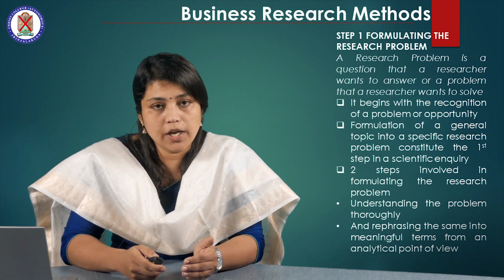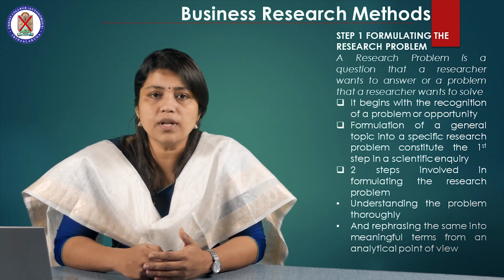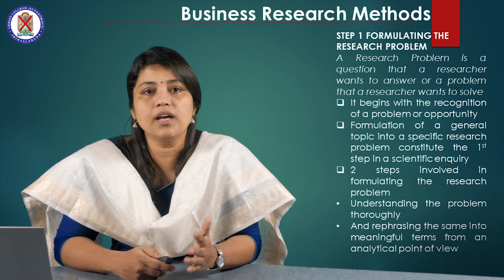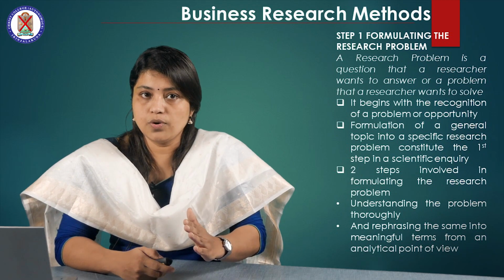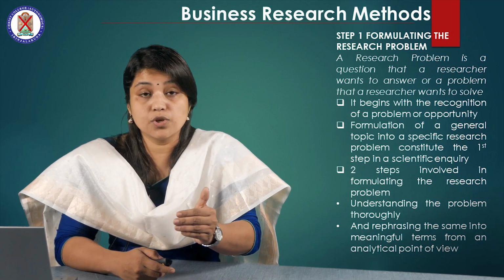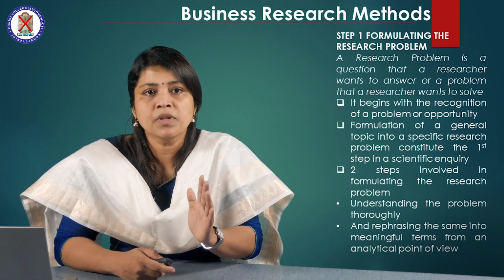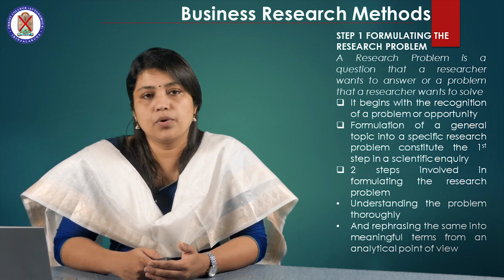Thus, the formulation of a general topic into a specific research problem constitutes the first step in the scientific inquiry. So the research process begins with the recognition of a problem or an opportunity that we are discussing.